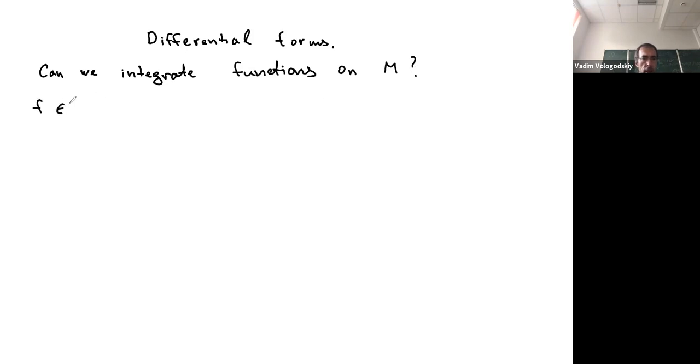So can we integrate functions on a manifold? What does it mean? Given a smooth function f on M, we want to make sense of the integral.